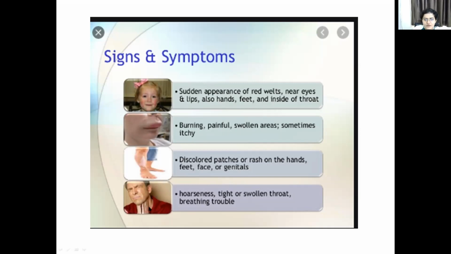And then hoarseness of the voice, tight or swollen throat and trouble in breathing.